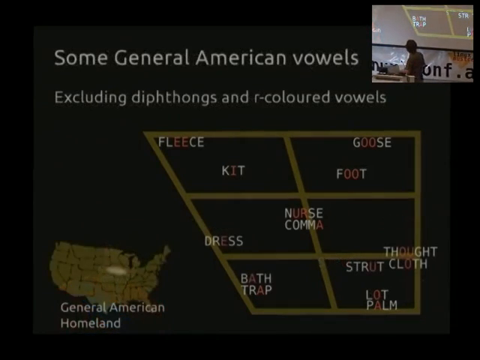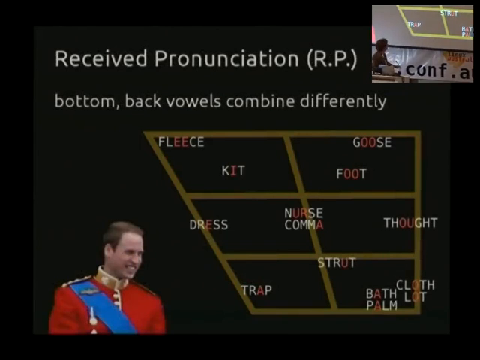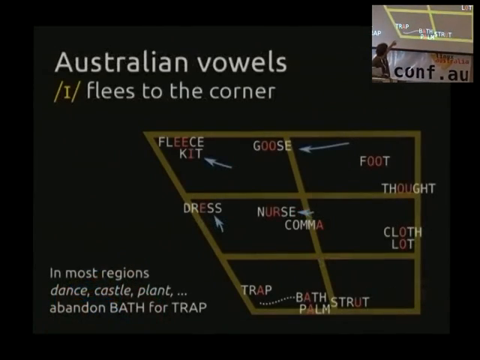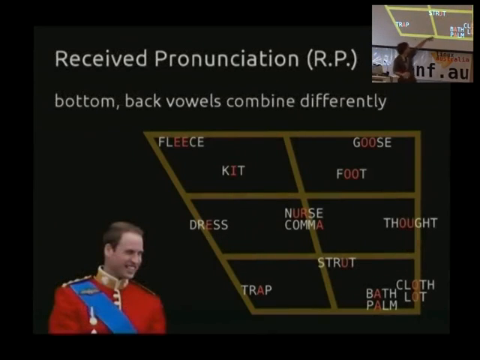So the Americans, they join Bath and Trap together, and in the UK, Bath jumps across to join with Palm. And if you look at thought and cloth, cloth and lot are the same vowel to us, but they're not to Americans.